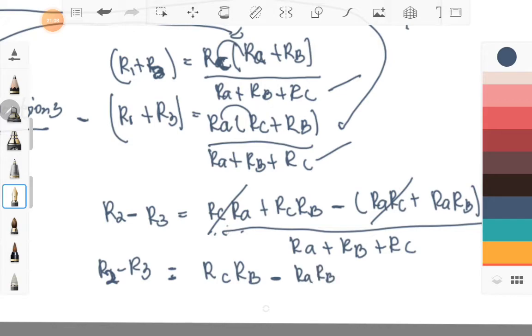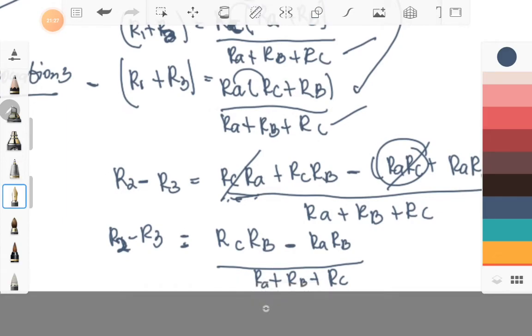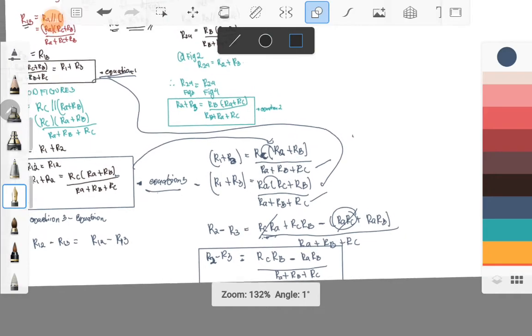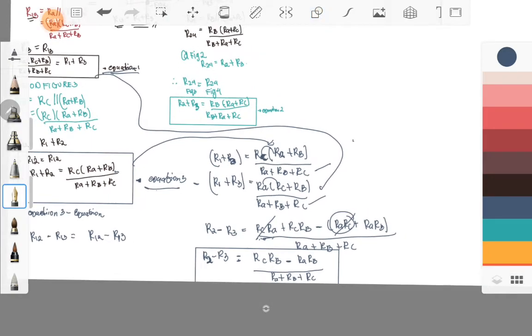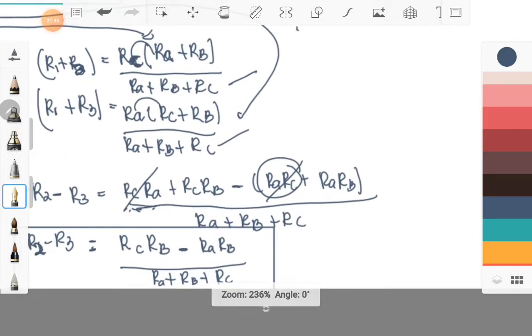So, mapansin nyo, your RC RA is mag-0 yan, di ba? RC RA minus RA RC, since parehas lang yan, so mag-0 yan. Okay, divided by our RA plus RB plus RC. So this will be equation number 4. Equation 4.